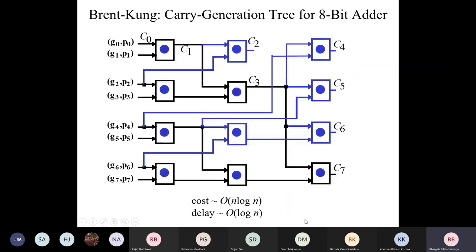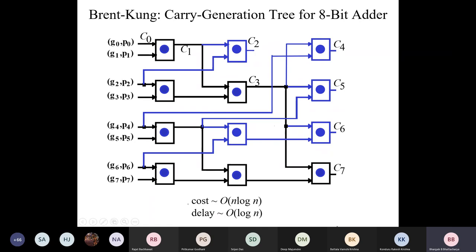This logic module is shown here, and the whole architecture would look like this. Inputs are the small g's and small p's, and you can see the tree structure is hidden here. The depth would be log n. So this is the full example for 8-bit carry generation.